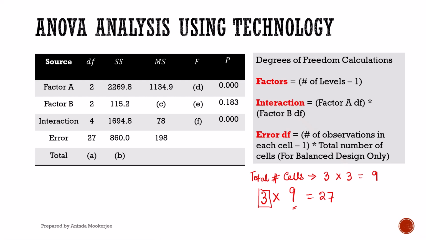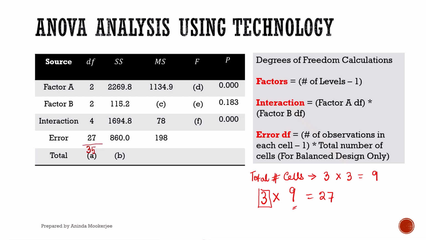So all you need to do is sum up the values 27 plus 4 plus 2 plus 2, and that will give you the total df, and that should be a value of 35. All right, so A will be 35. Right, just sum up these values.